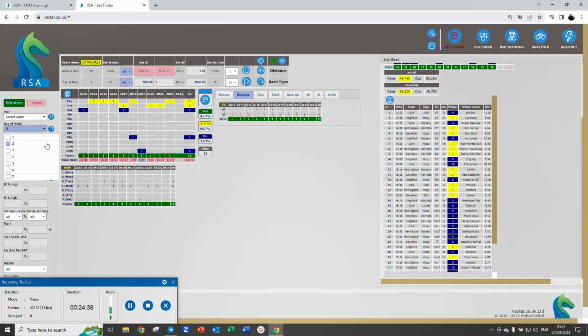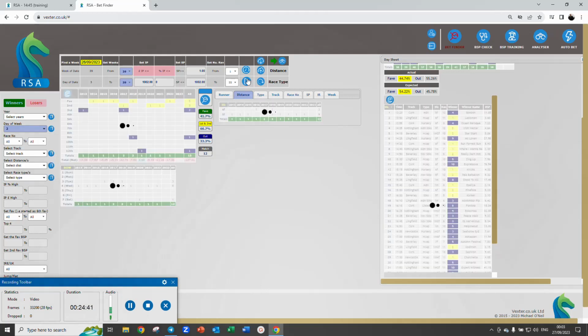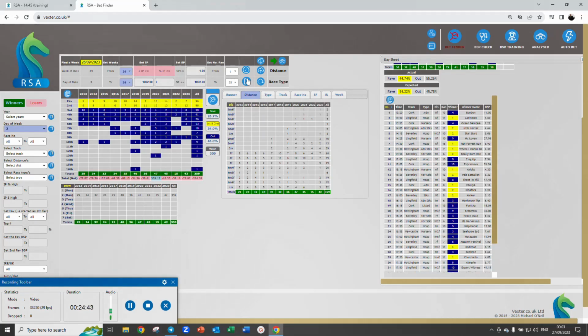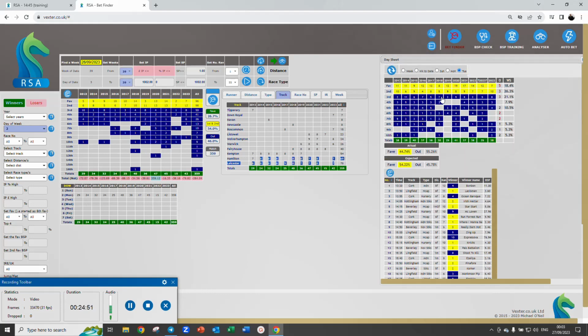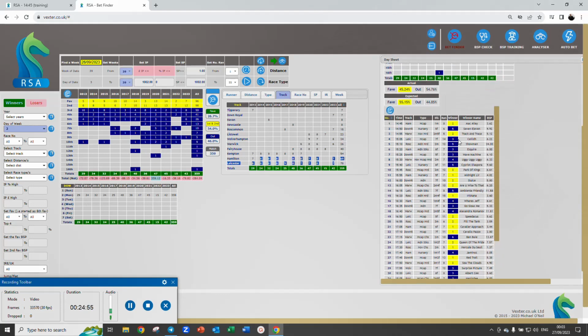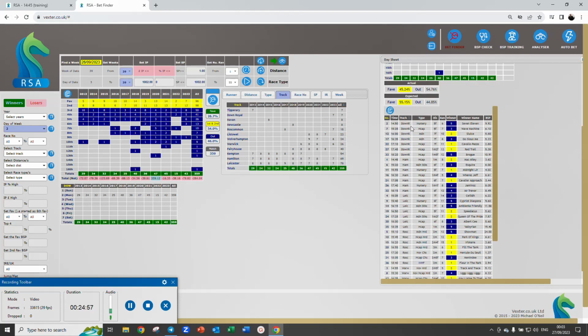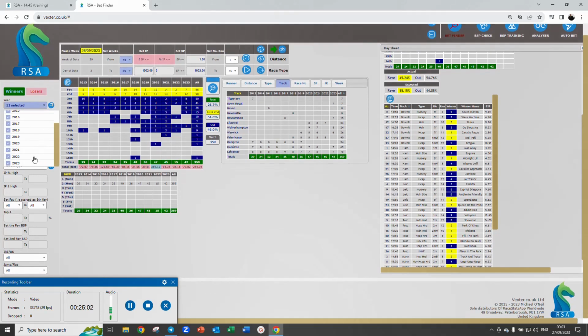So it's midnight. So let's see. And look at track. And you can see of those meetings, yesterday's meetings, there was, what was yesterday? Monday. Track. Down Royal, not there. Or again, we can turn off 23.